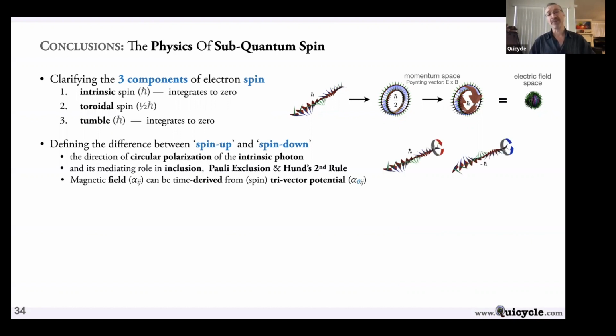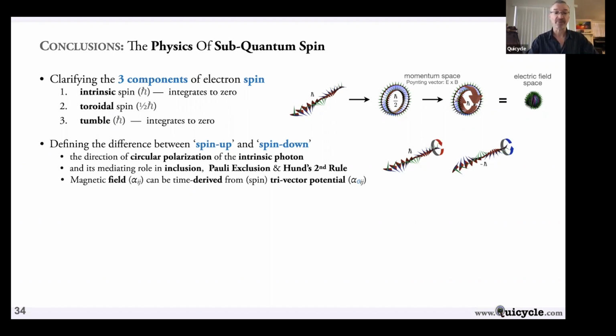We are also proposing that the difference between a spin up and a spin down electron is the direction of the circular polarization of the intrinsic photon. And we also looked at its role in mediating the interactions of inclusion, Pauli exclusion, and the spin bonding of Hund's second rule. And we also introduced the fact that magnetic field can be time derived from the spin trivector potential.